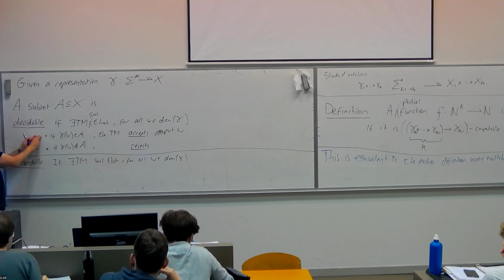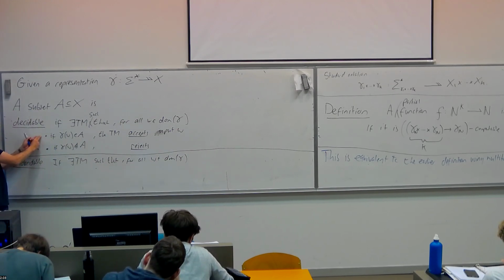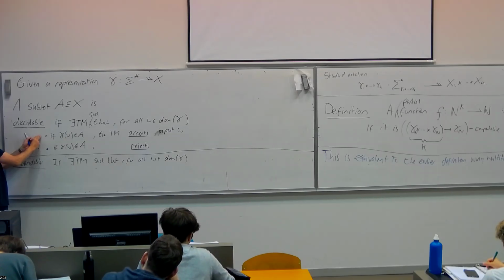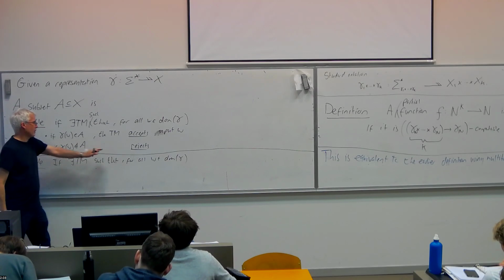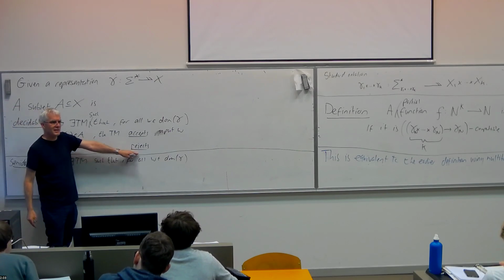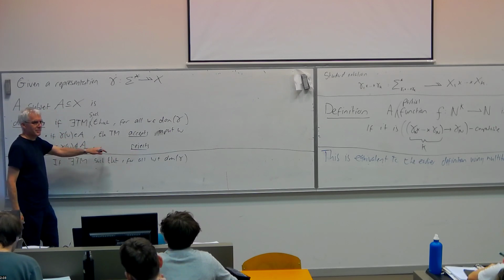Now, it's not enough to just put the first line here, because we also need to require that if something is not in A, then we don't require it to be rejected, because that would be too strong for semi-decidability, but we still require that it's not accepted.